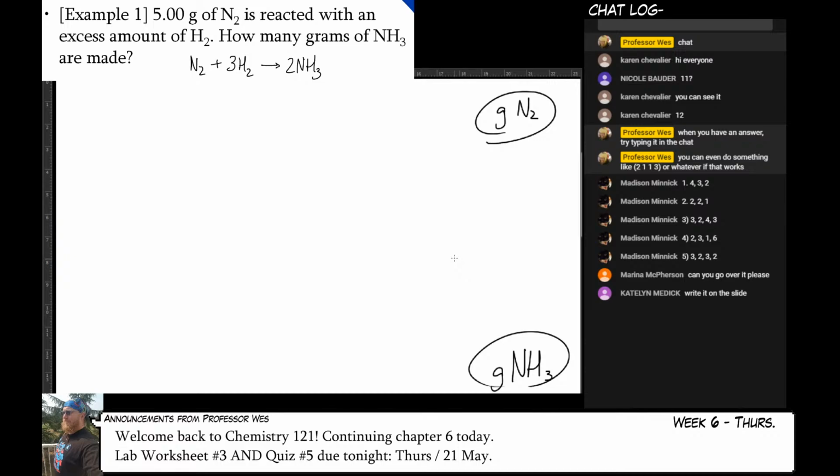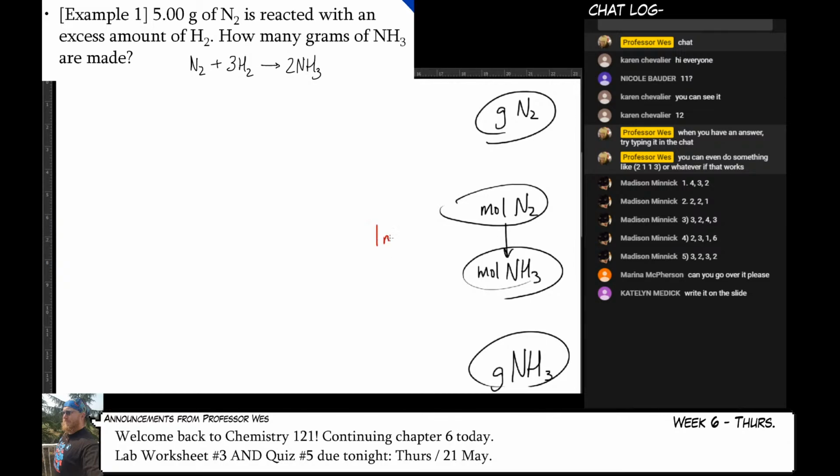Now, with those two quantities, what I'm going to do is I'm going to use the balanced chemical equation to help me. So if I know the moles of nitrogen, and I know the moles of ammonia, I could convert between them. Because I know that the ratio for moles of N2 to NH3 is just those balanced chemical equation coefficients.